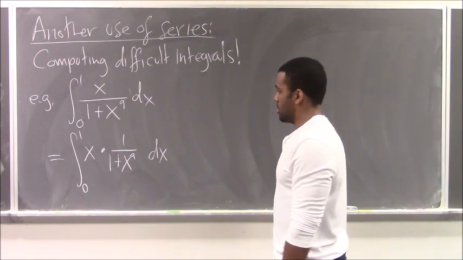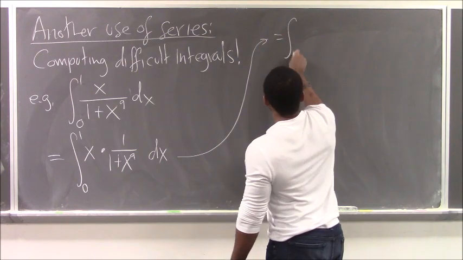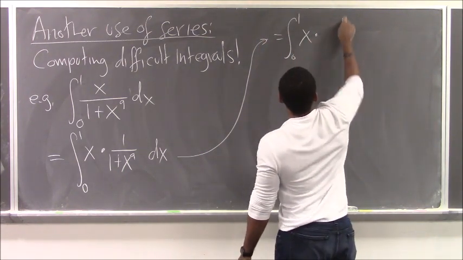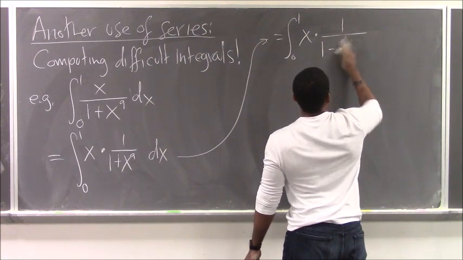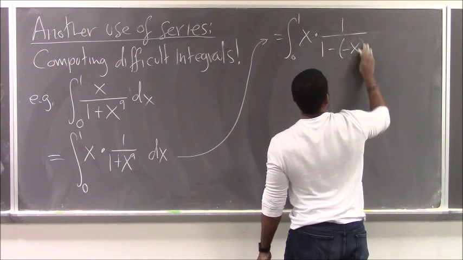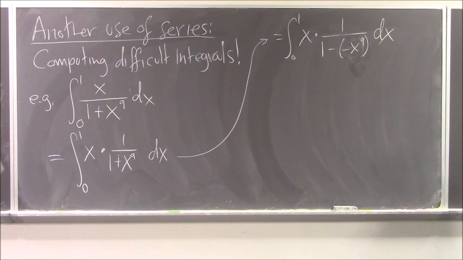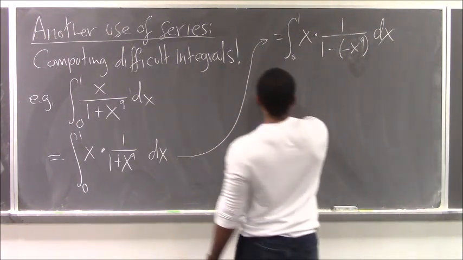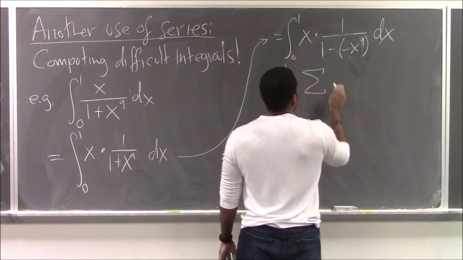Yeah, and then you have minus negative x to the 9. Okay. And then you can represent the right side as a power series and integrate the two separately.